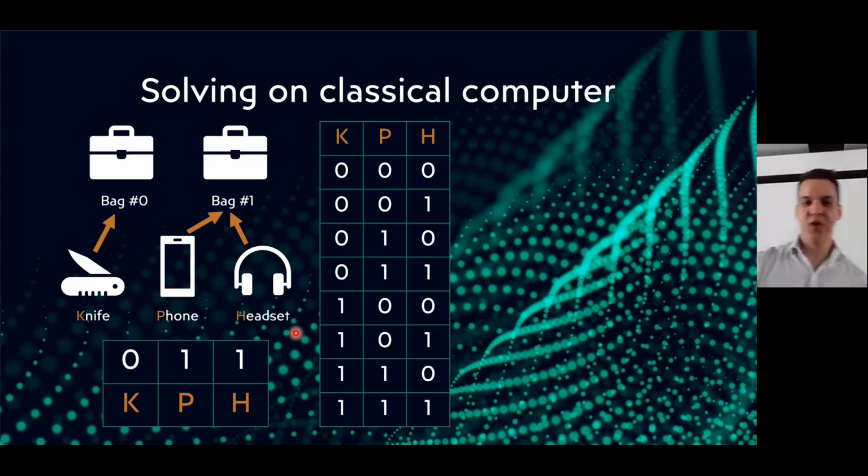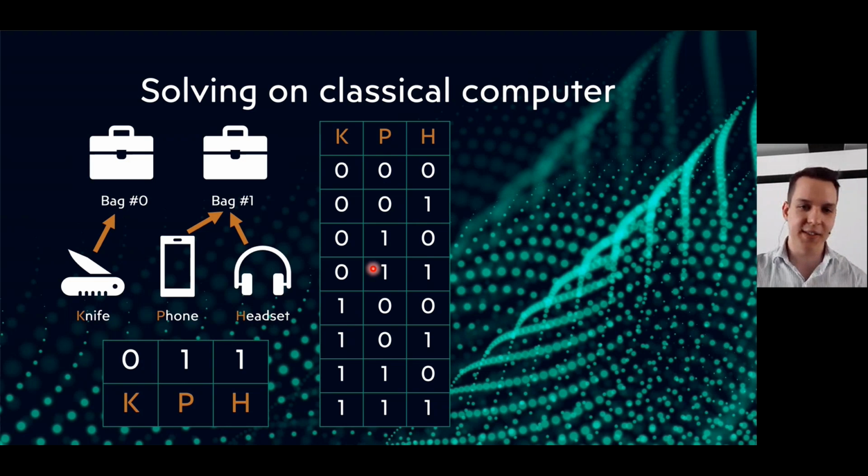So on a classical computer, you will have the 8 possibilities to put everything how you want. Let's say you put the knife and the phone in bag 0 and so on. So you can see all the possibilities are mentioned here. Then our state is like this, okay? Like here. So knife in 0 and the same.